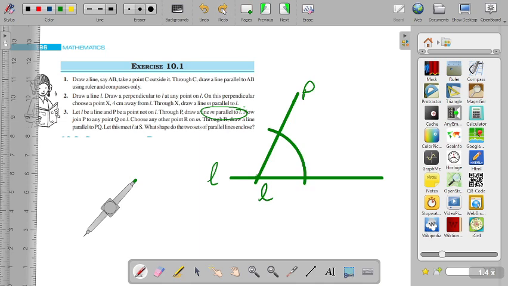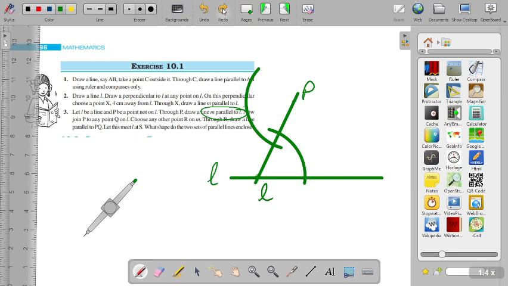So this is an arc. Then after we take the P point and draw another arc, another opposite side. This is the other arc on P. This arc is from the center P, opposite side.